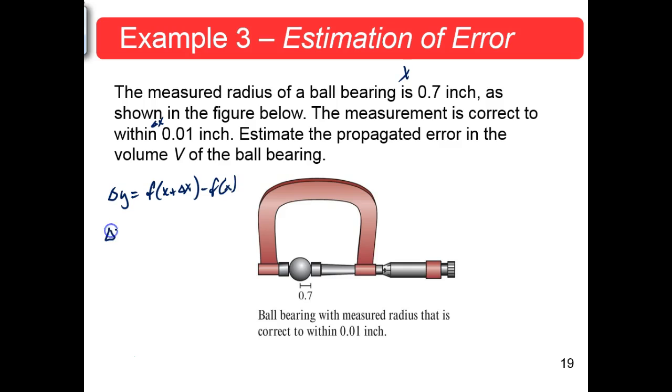And what we want to do is calculate the delta y. Now, you could do it brute force, like we just said, f of 0.71. Rather than call it f, let's call it R, because I like to choose my names to represent what it is.